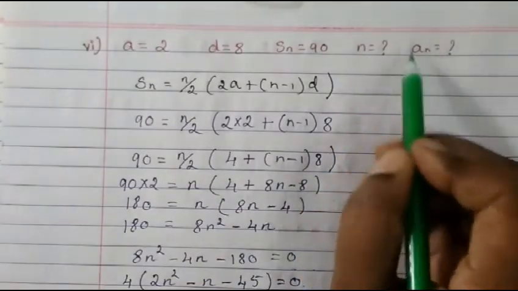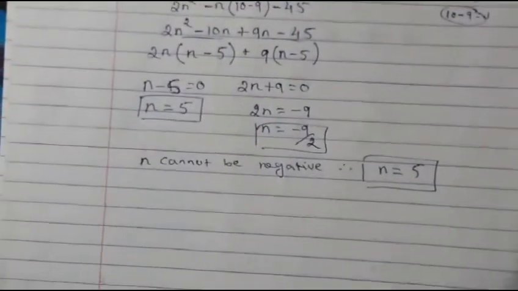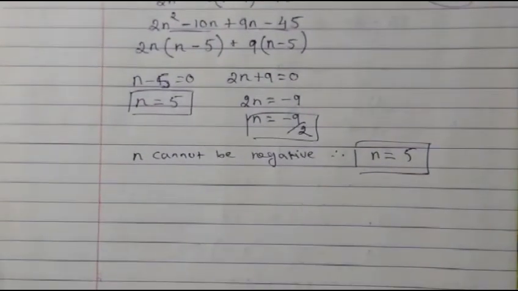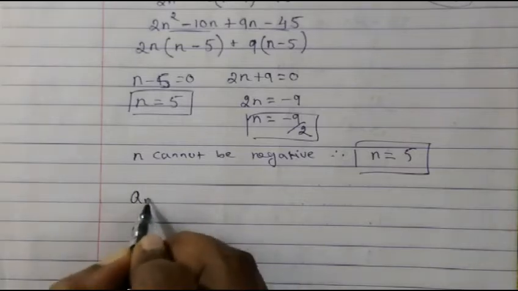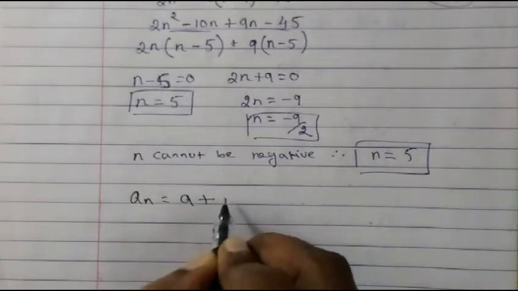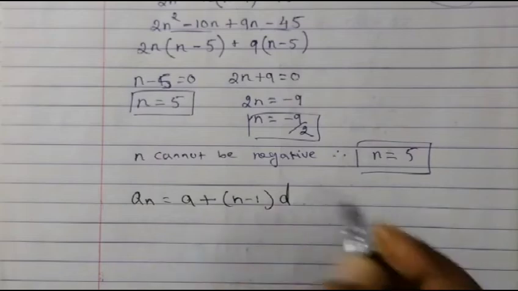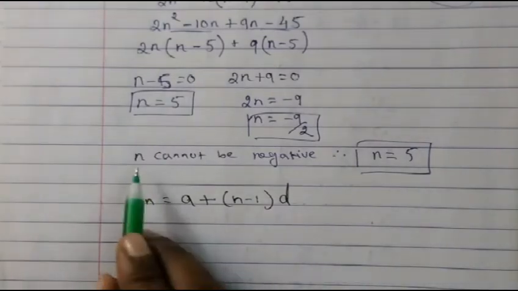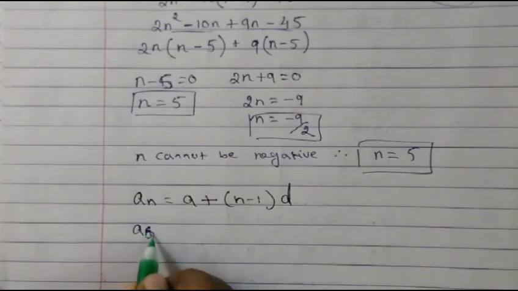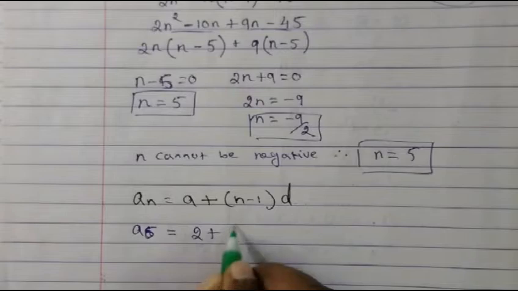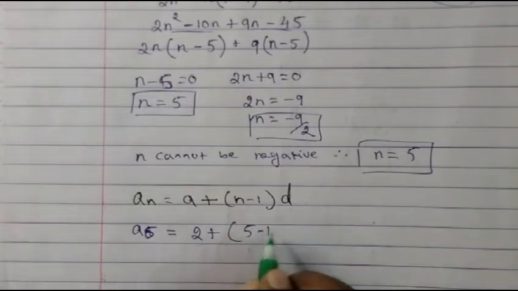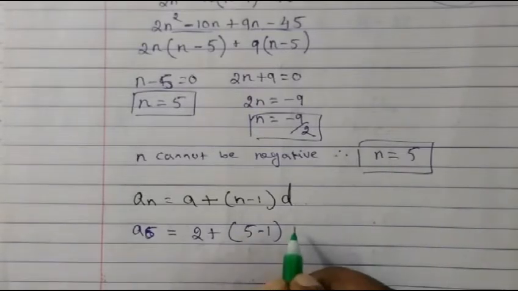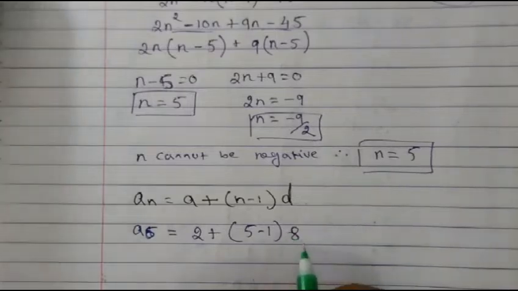So now we have to get the an value. So let's put the formula for an. So that is an equal to a plus n minus 1 d. So an we have to find out, but n value we got it, that is 5. So a5. a is given to us 2, n we found out 5 minus 1, and then d is given to us 8.